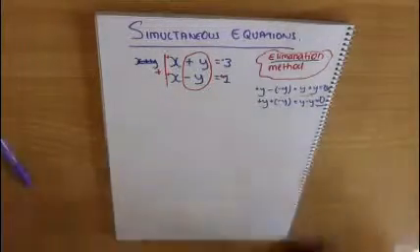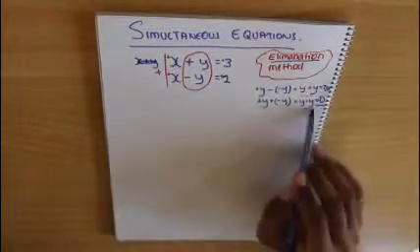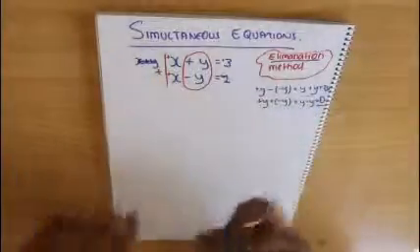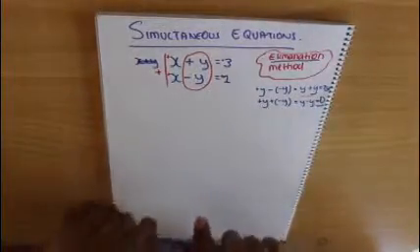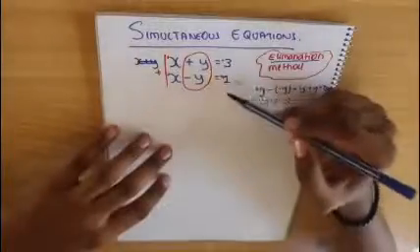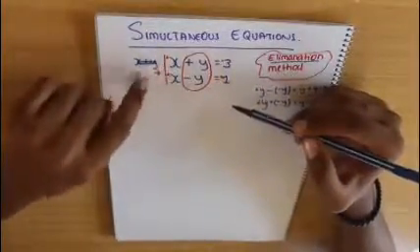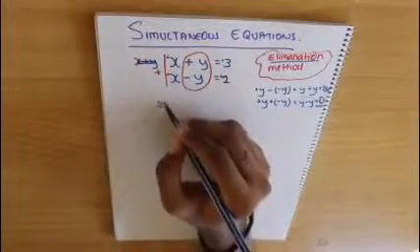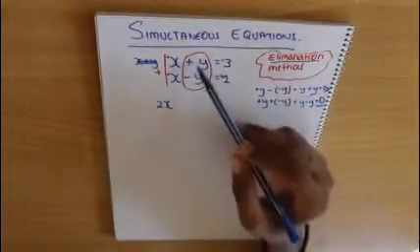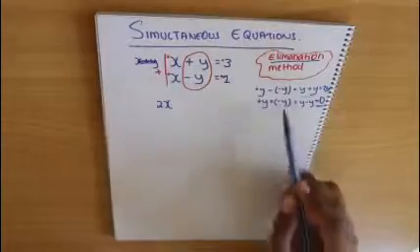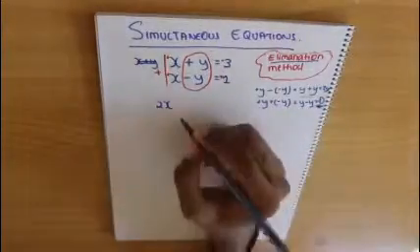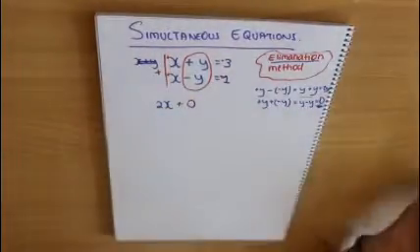In this case, we saw that adding would eliminate our variable. When you're adding, you add the equations vertically, meaning x plus x will be equal to 2x, and positive y plus negative y would be eliminated, so it will be plus 0.